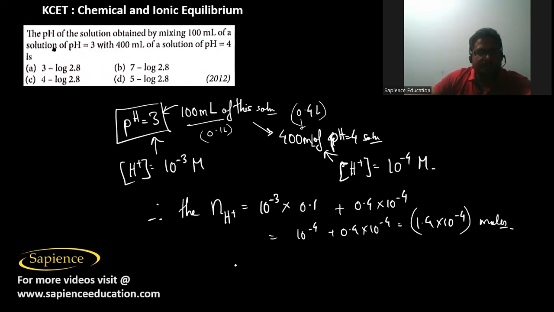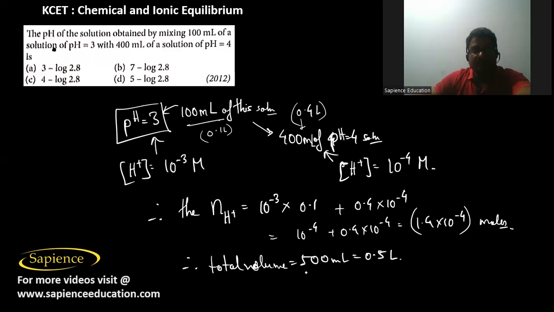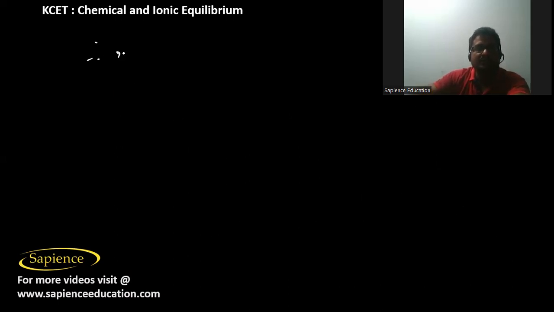So now the total volume will be equal to 500 ml, which is 0.5 liter. Now the resultant concentration of H plus ion will be equal to the number of moles of H plus divided by the net volume, which is 0.5 liter.